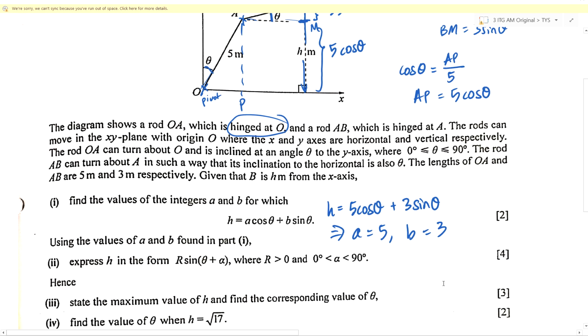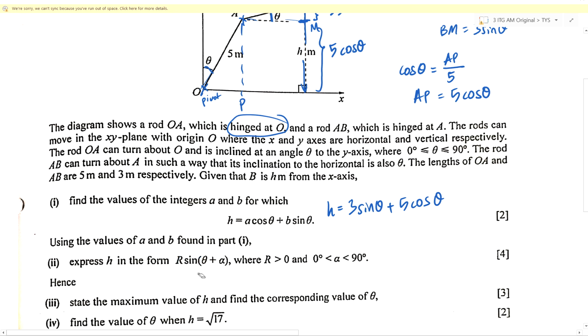Now using the values, using our R formula, we rewrite this to become R sine theta plus alpha. Now our first term is a cosine. Second term is a sine. The R formula wants it to be a sine. So switch them over. Now our H is 3 sine theta plus 5 cosine theta.